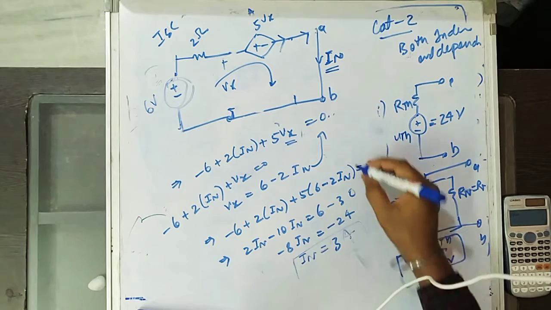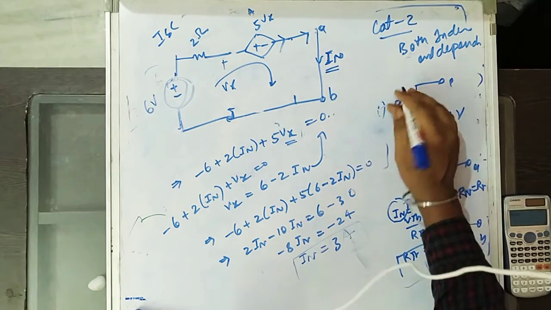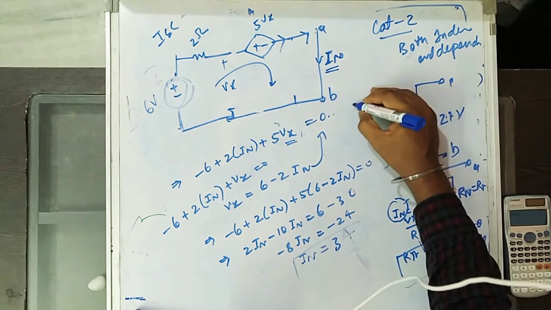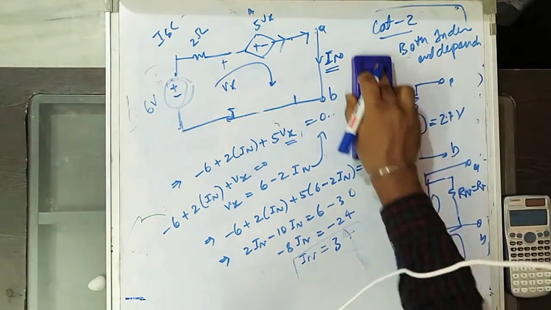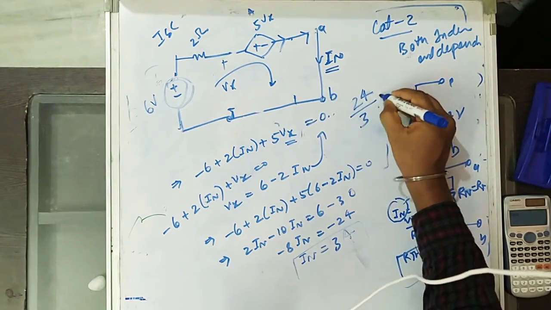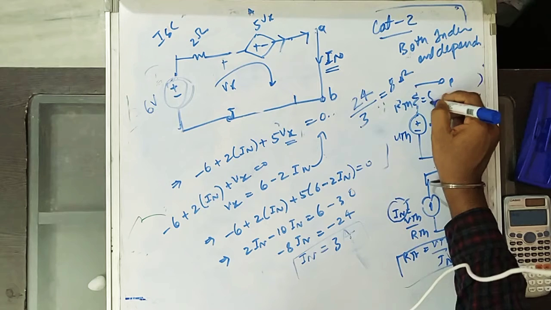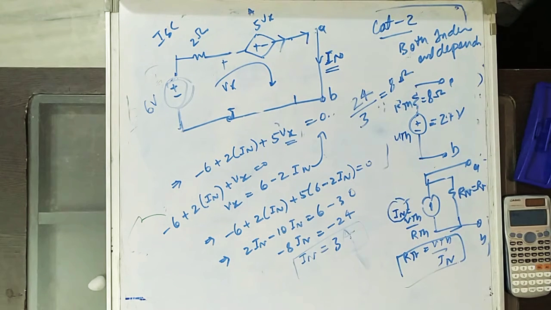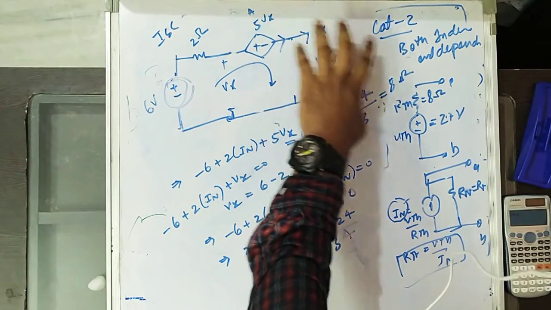So you got V Thevenin and I Norton. R Thevenin is V Thevenin by In. V Thevenin is 24 by 3, that is equal to 8 ohms. So in this circuit, if you are asked to find the Thevenin equivalent circuit at the open circuit terminal, you will solve like this.